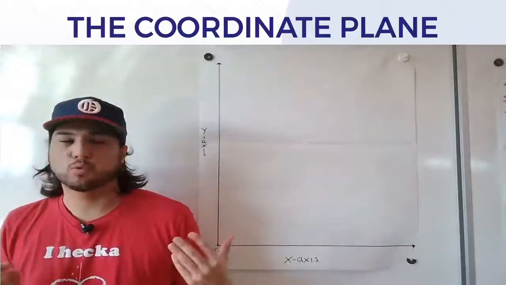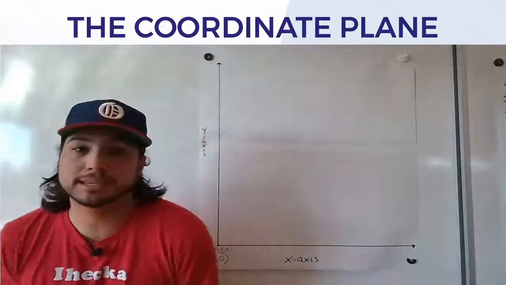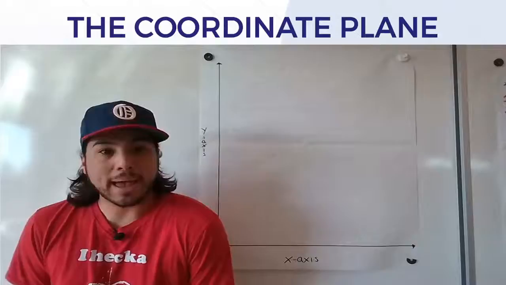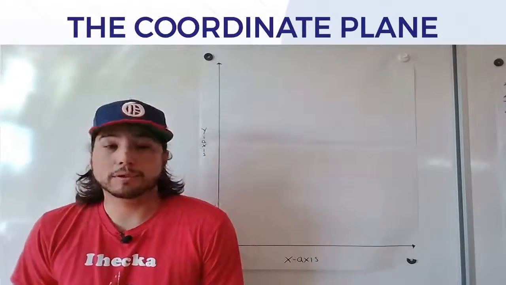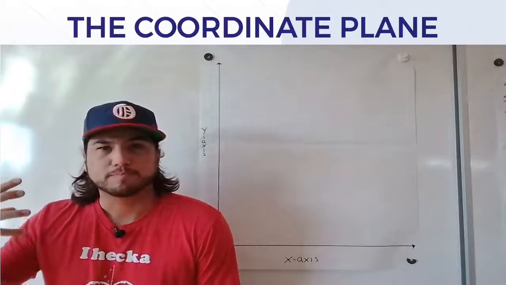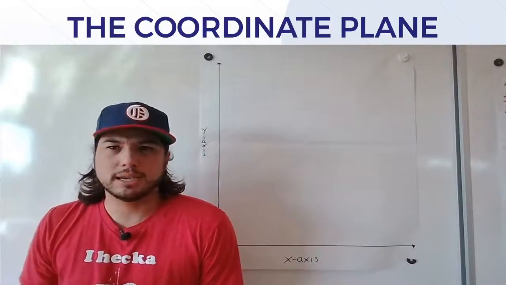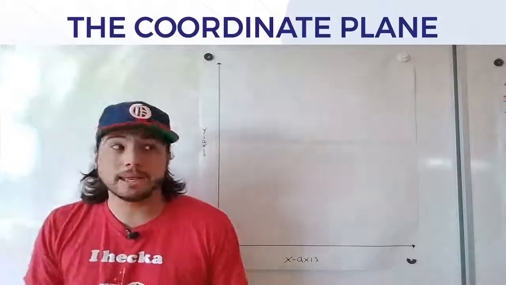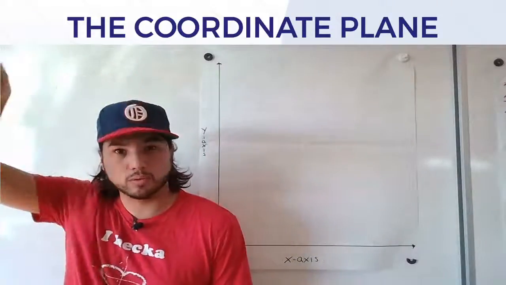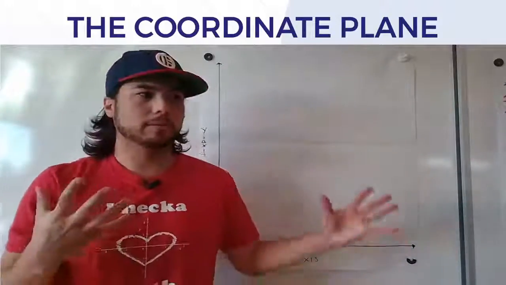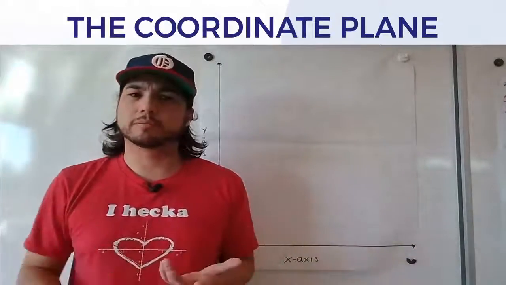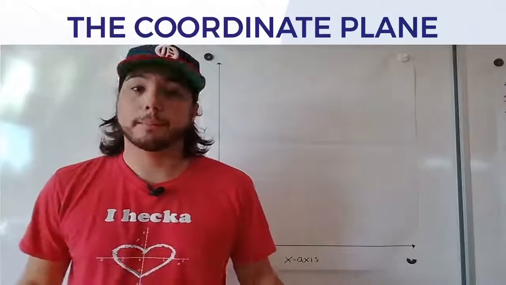A great real-life version of this is if you're looking at a map, could be a road map, could be a world map. If you'll notice, on many maps, they'll have grids at the top to help find and locate where different places are on the map.